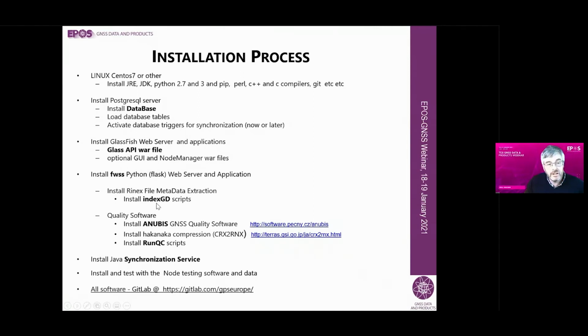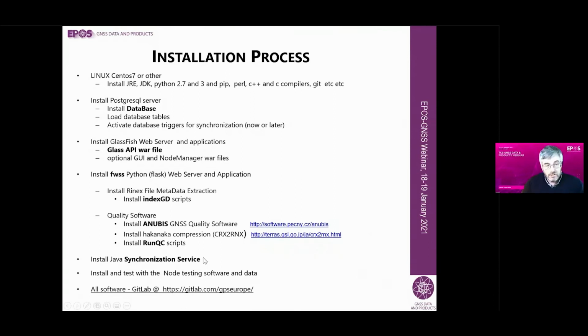You'll need to install these Python and Perl scripts and the Anubis software at Jandoza's site in Czechoslovakia. You'll need other software that might be necessary. Well, it is necessary, the Hatanaka compression, and other standard compression tools as well.